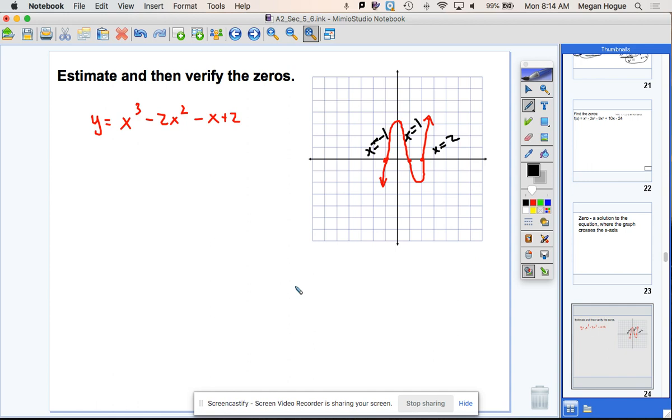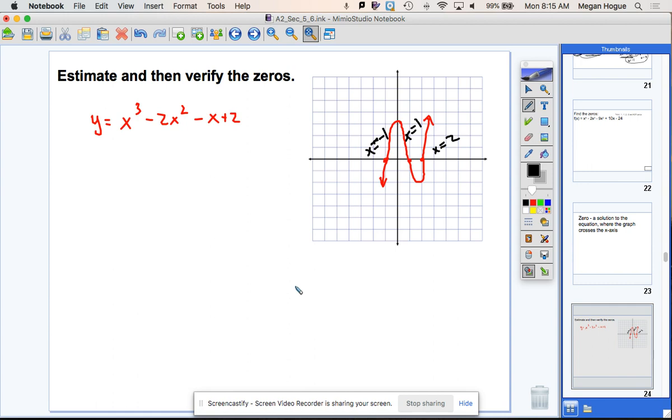For these problems, you're not going to need to do the P, the Q, and the list. There's another way we're going to be able to start our synthetic. Because we're going to be able to look at the graph and decide where the solutions are. Remember, 0 is just another name for a solution.